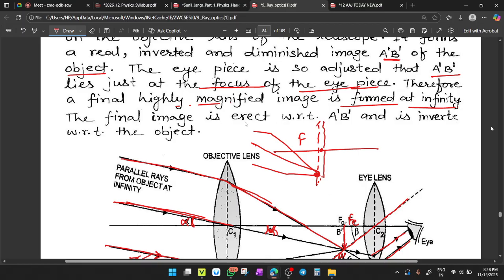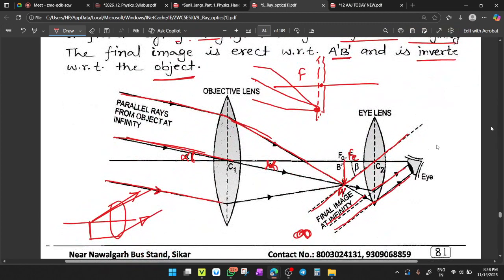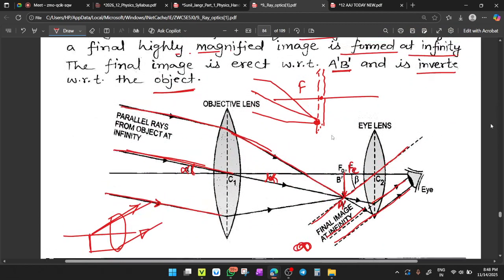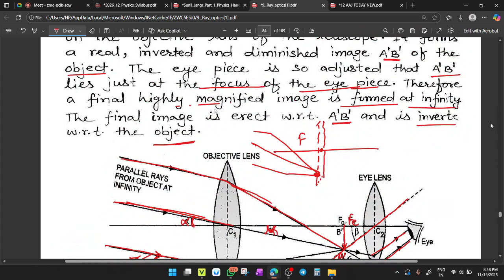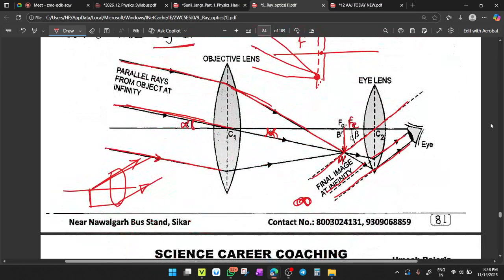The final image is erect with respect to A'B' and it is inverted with respect to the object. This is A'B', and you will have your virtual image.